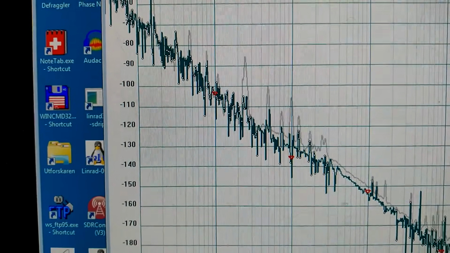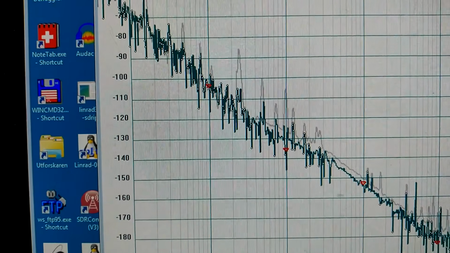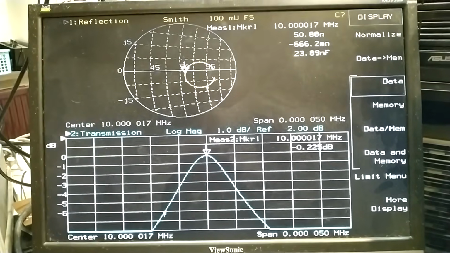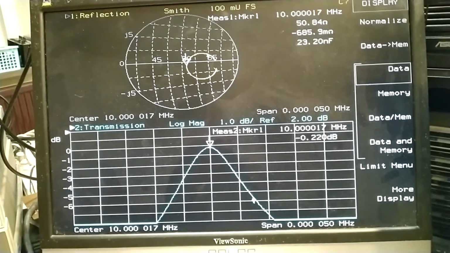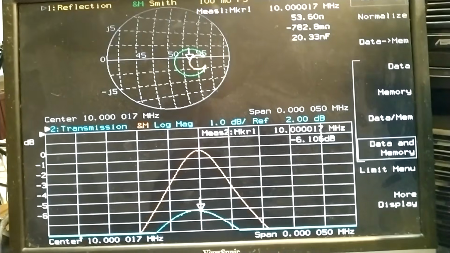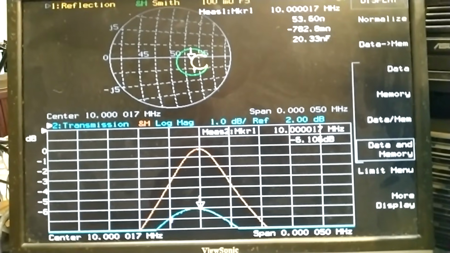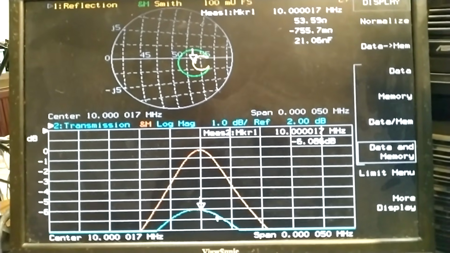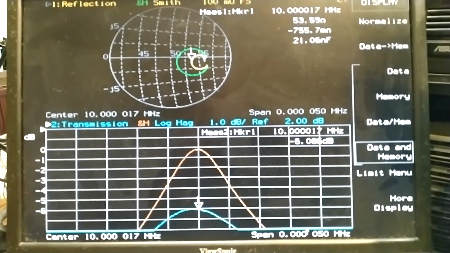Next step is to measure the noise of the amplifier without the crystal filter. Here is the input impedance and frequency response of the selective amplifier that I'm testing. I have placed a 3 kilo ohm resistor from the amplifier input, means the midpoint of that step-up transformer, to ground.